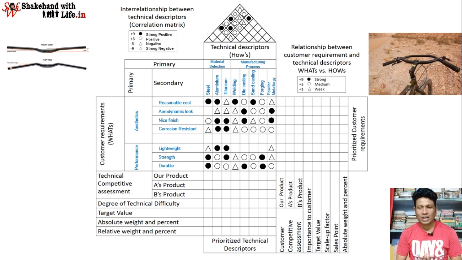Okay, now we have prioritize customer requirements in the backyard of the house and prioritize technical descriptors in the bottom of the house. First we study the first section of the prioritize customer requirements, which is customer competitive assessment.